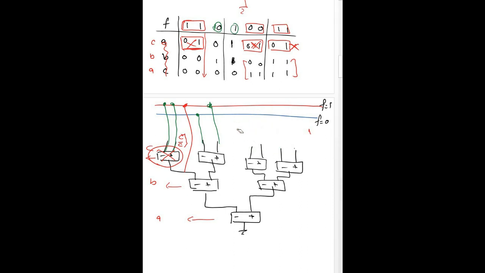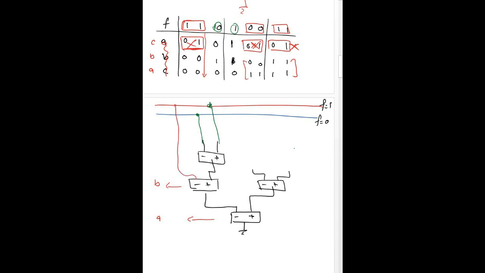If I draw the final circuit here, I have to remove these 2 points here, and I have to remove this node here. So this was RB, and in the simplified circuit, this was connected to 1, this was connected to 0, and this was connected to 1.